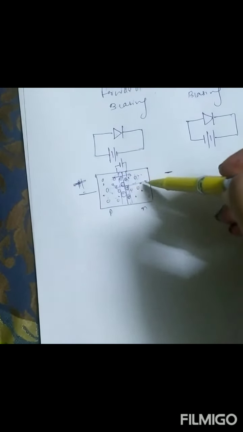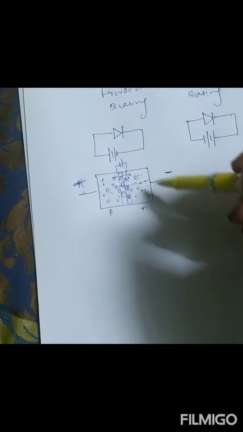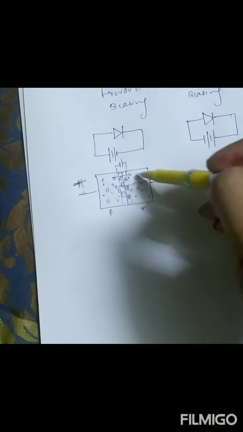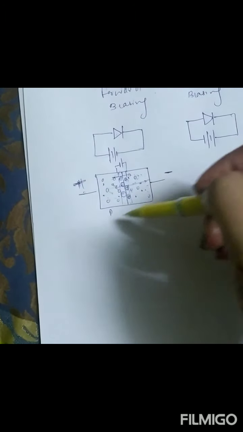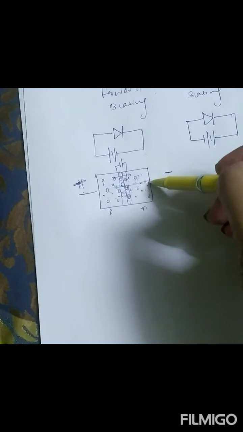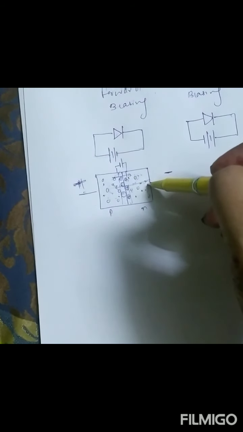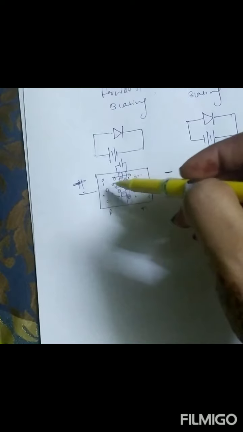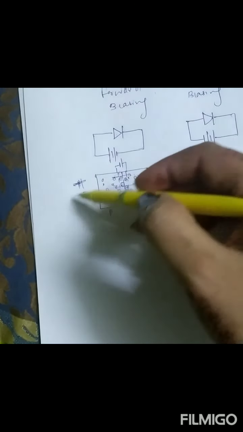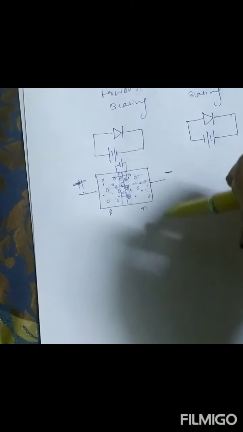So when a hole comes over here, it may get neutralized with an electron and hence current is generated. They can get collected over here. The process keeps on going, like a hole moves from here to here and combines with an electron, and the electron coming from here through the wires goes back again. So this procedure is repeated again and again.